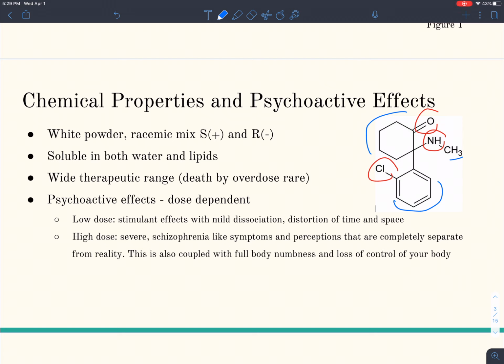And in terms of psychoactive effects, that's also very dose dependent. Low doses will provide stimulant effects, but they'll be pretty mild, and you might experience a little bit of distortion of time and space, as well as an increased sense of well-being. But high doses, on the other hand, can make people completely dissociate from reality. And this is also coupled with full body numbness and loss of control over your body as the anesthetic property really kicks in.